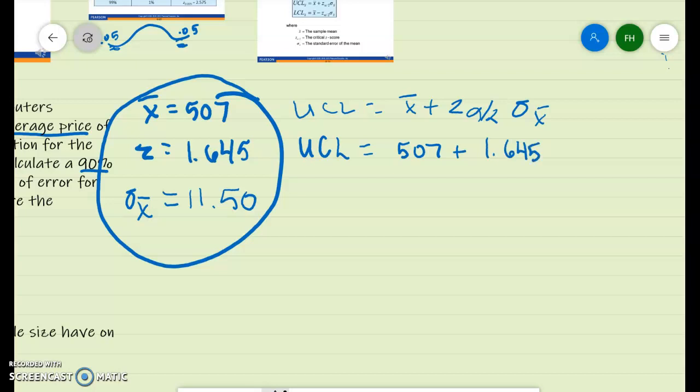So your standard error of your mean, rounded to the second decimal place, is 11.50. Now, when you're doing your critical z-value times your standard error of your mean, if you do those in your calculator, I want to do those separately.